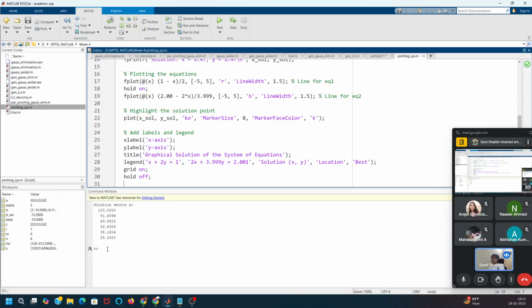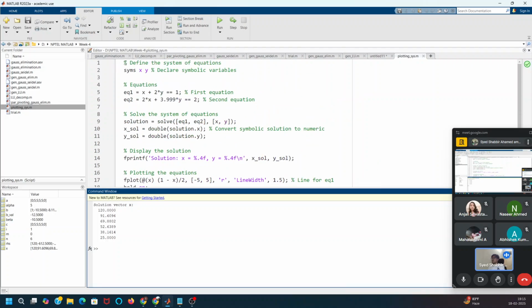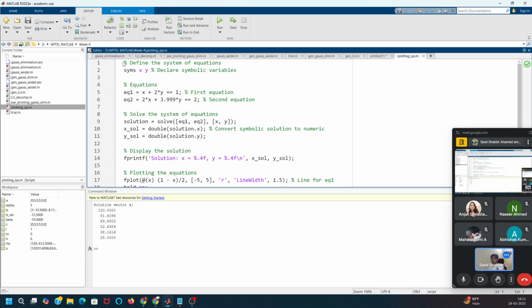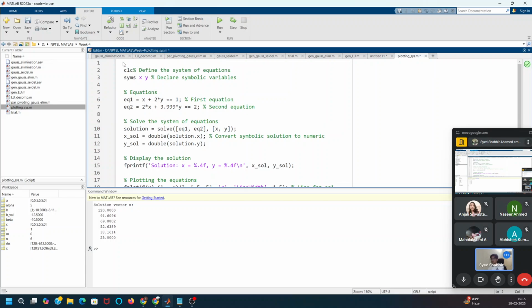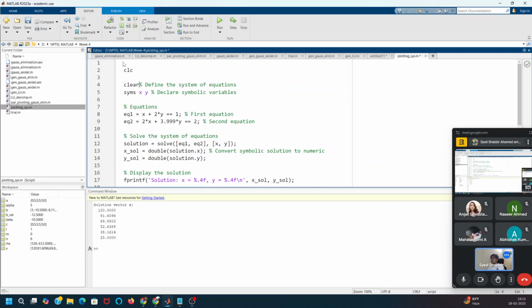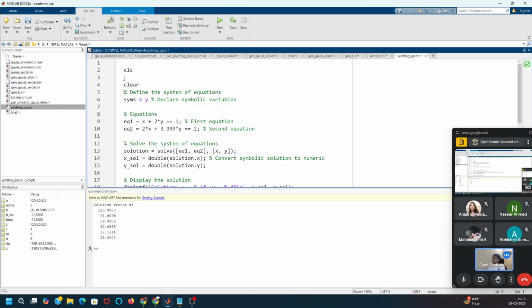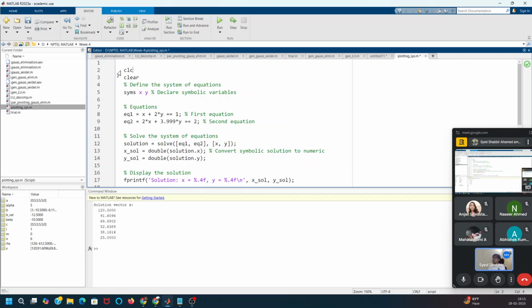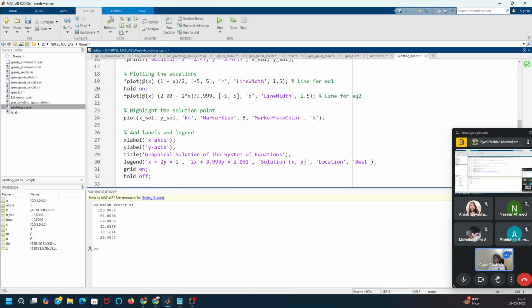Let's say if I do this, I'll also add here clc and clear so that I don't end up with old values. Okay.